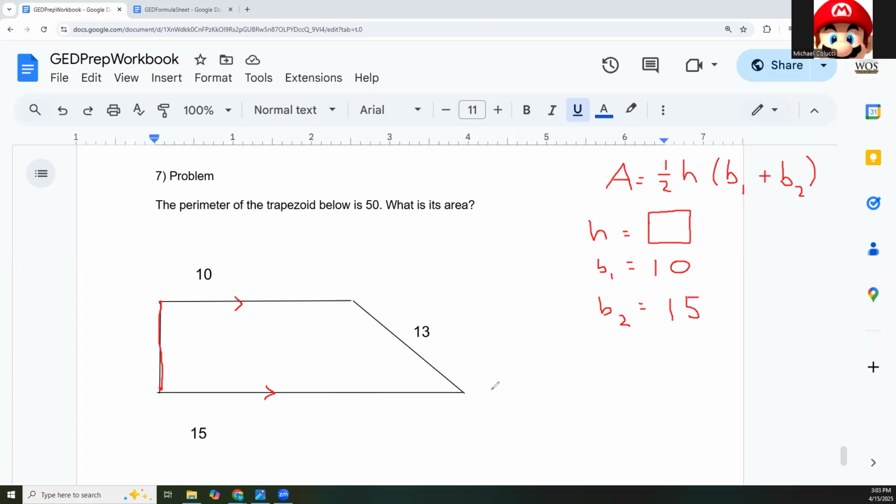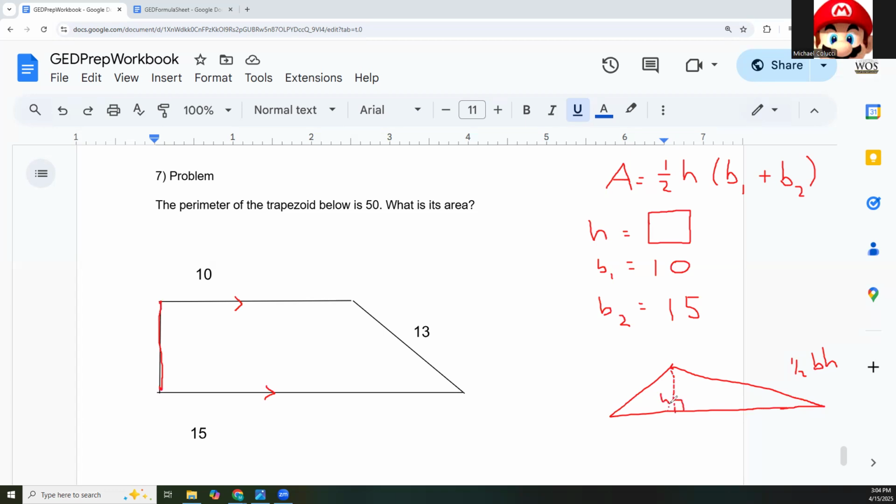Really quick, on a triangle, the formula for the area of a triangle is 1/2 base times height. Kind of looks familiar, doesn't it? The base is any one of these sides. But if you pick a side, let's say I pick this one on the bottom, the height is going to be the length from the vertex that's opposite that side to a right angle at the side.